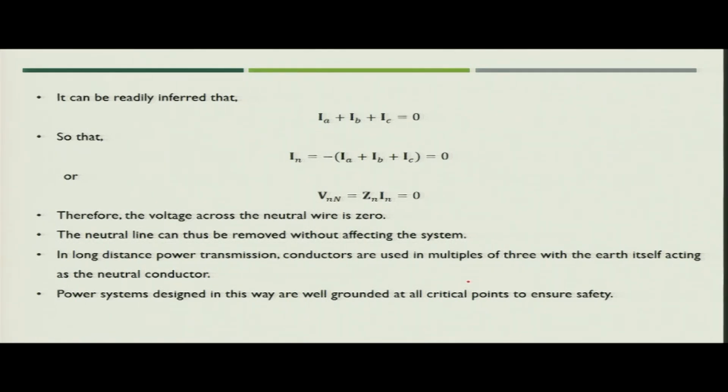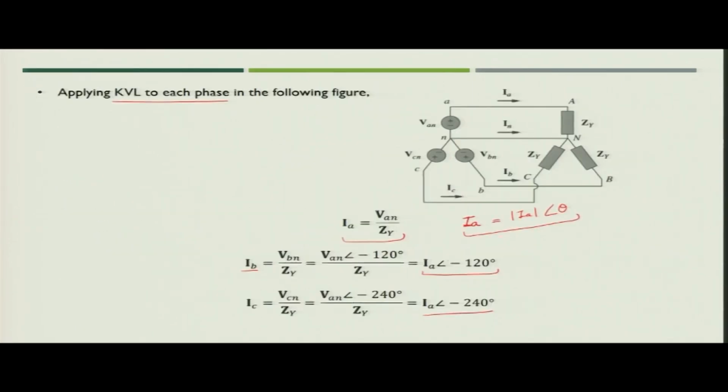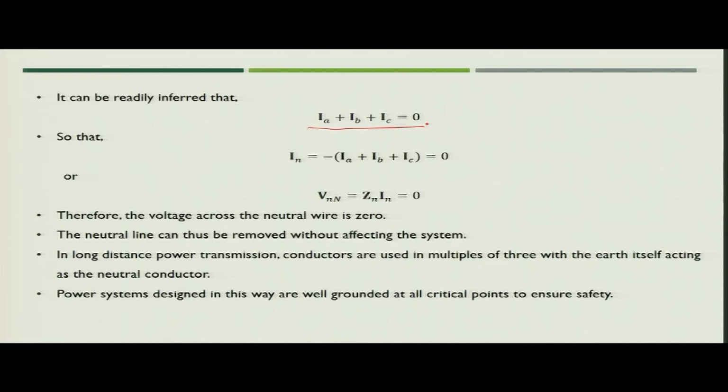Now, if you sum up I_A, I_B, I_C, you will get I_A plus I_B plus I_C equal to 0, which you can see from the phasor diagram. Since the system is balanced, all three phasors will sum up to the value equal to 0. Now, what is the neutral current?